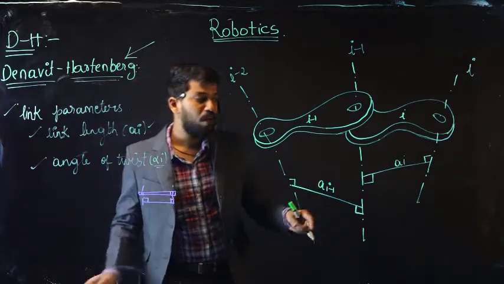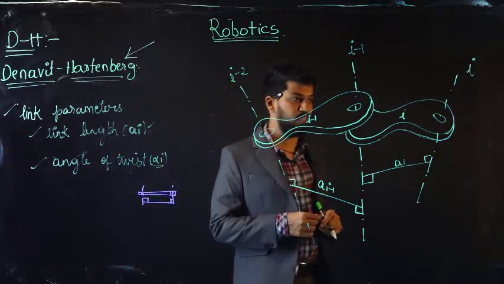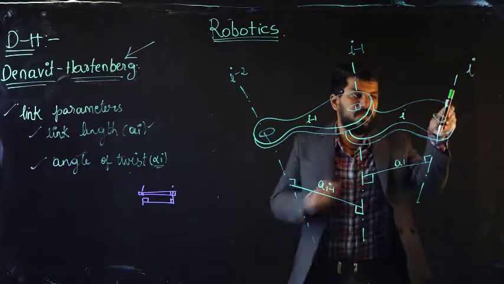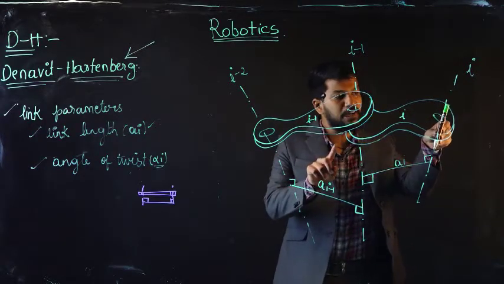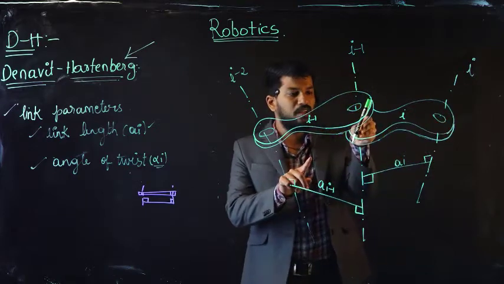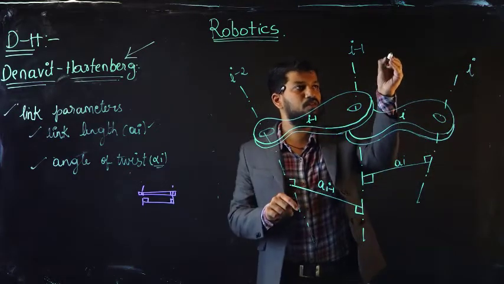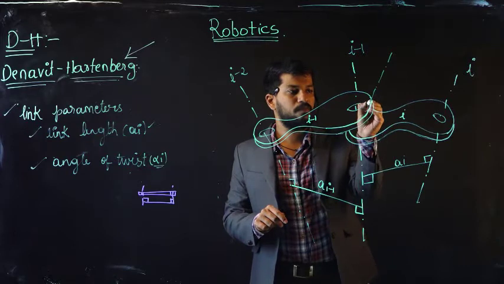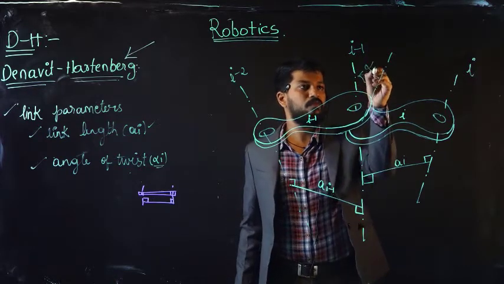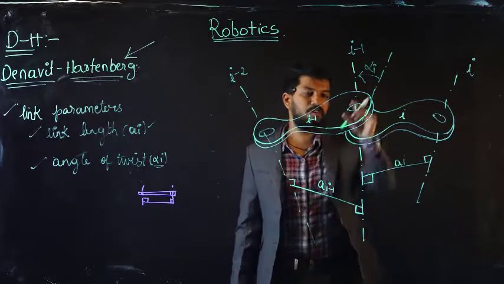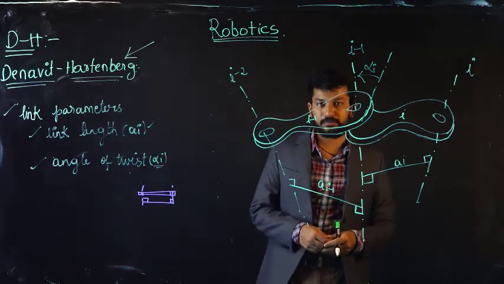But now here we need to identify what the angle of twist was for this particular link. Suppose this is my angle, and this is the axis of this particular link. I need to completely translate this axis to somewhere here. So obviously it looks like this. So here my angle of twist will be alpha i.